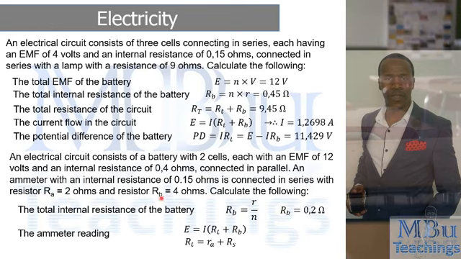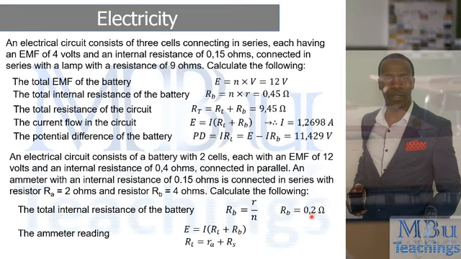So in other words, we will add all of them in series. So we have 2 plus 4 plus 0.15. That will be our RT. Then we again add RB, which is 0.2.